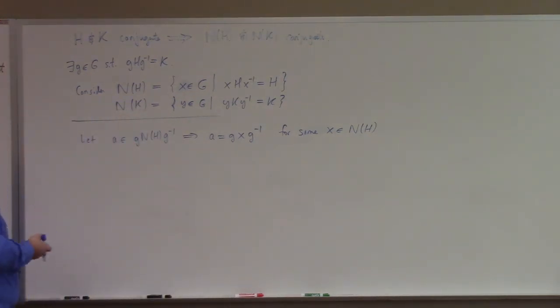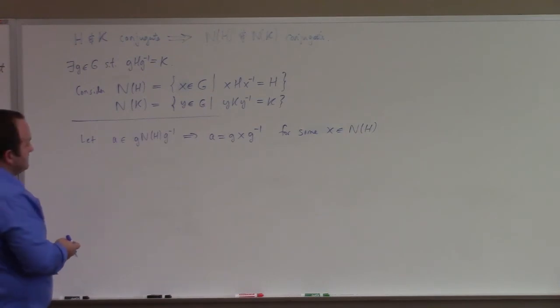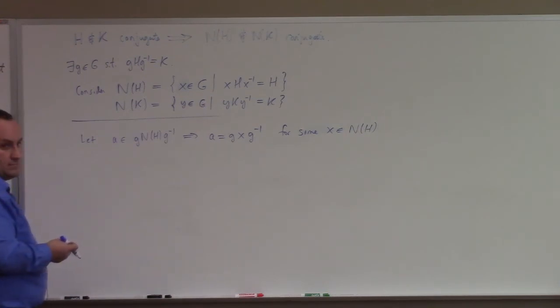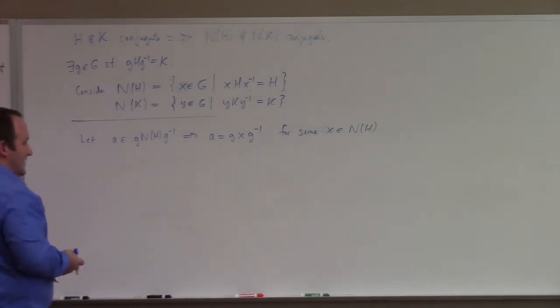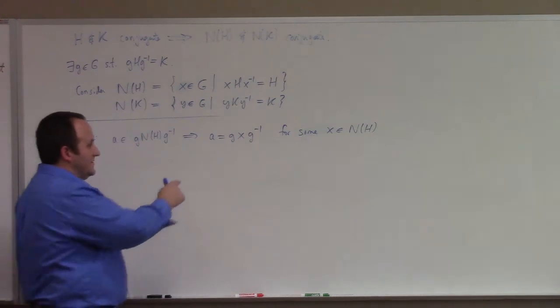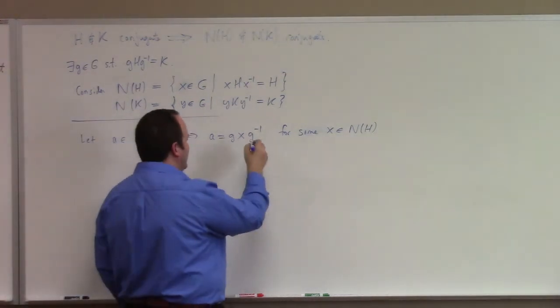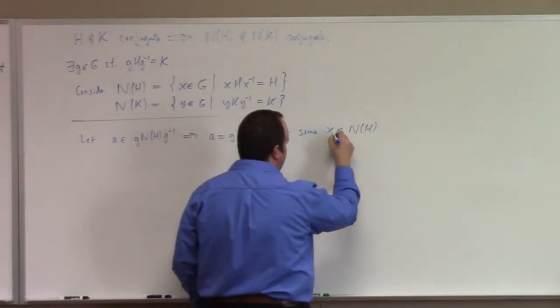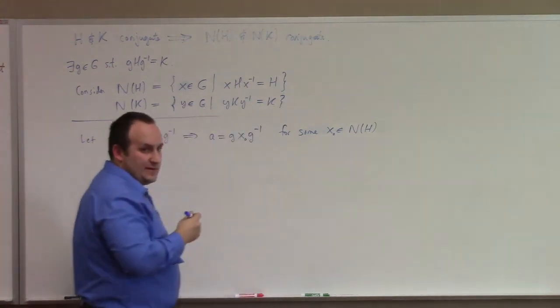I'm trying to show that A is an element of N of K, right? At this point, x is fixed. This is a specific one, right?